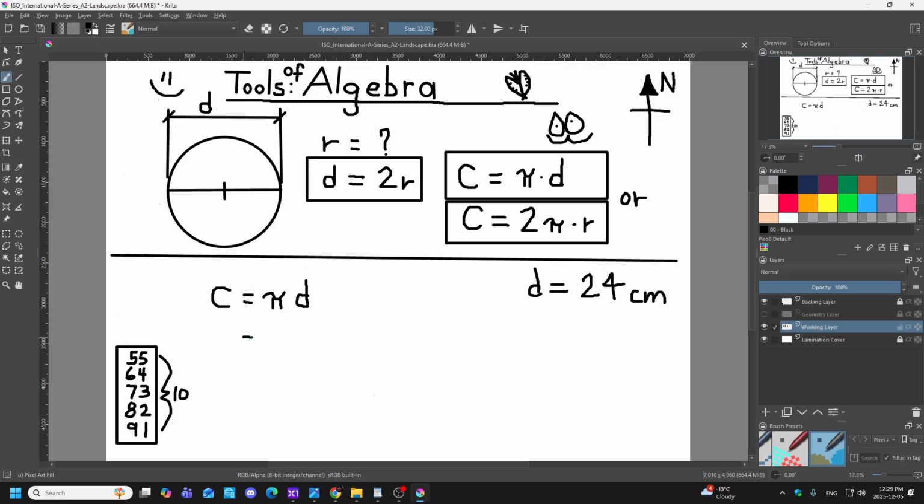Now pi is approximately equal to 3.14159, and I think it continues 265. Let's find out.